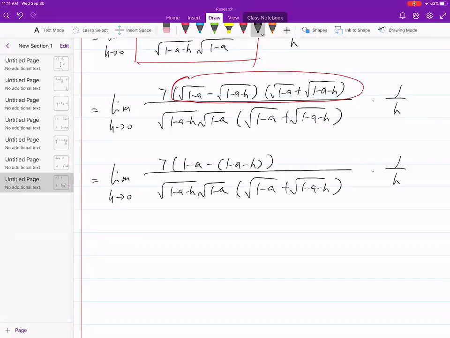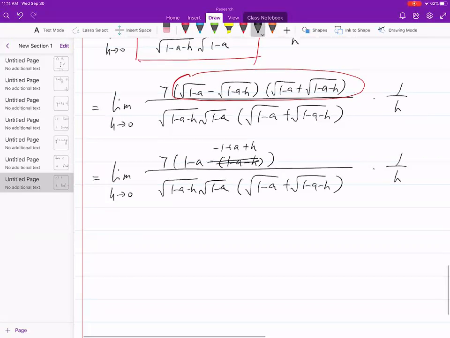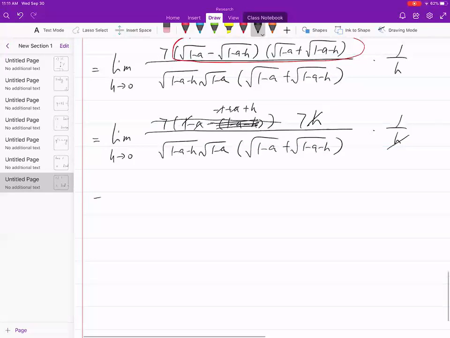Okay, that is going to be minus 1 plus a plus h. If you distribute the negative sign, that cancels this, which gives you 7h on the top, and the h's cancel each other. 7, whatever junk on the bottom.